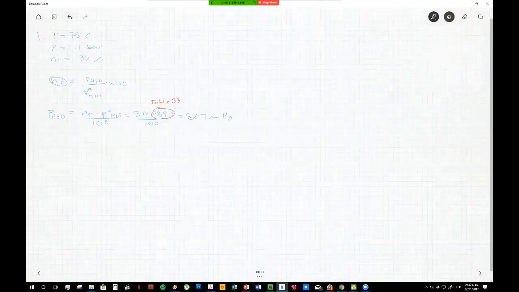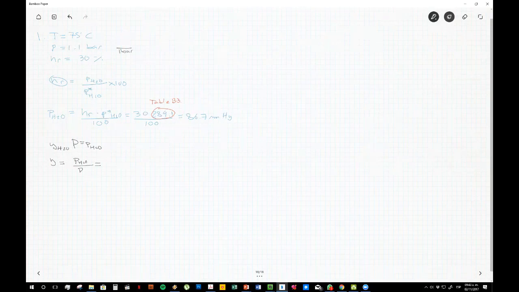Okay, so we now have the partial pressure, and we know that the molar fraction of water times the total pressure is equal to the partial pressure of water. So we can solve for the molar fraction as the partial pressure of water divided by the total pressure. Oh, sorry, we have to convert this value because we have millimeters of mercury. So 1 bar is equal to 716 millimeters of mercury.